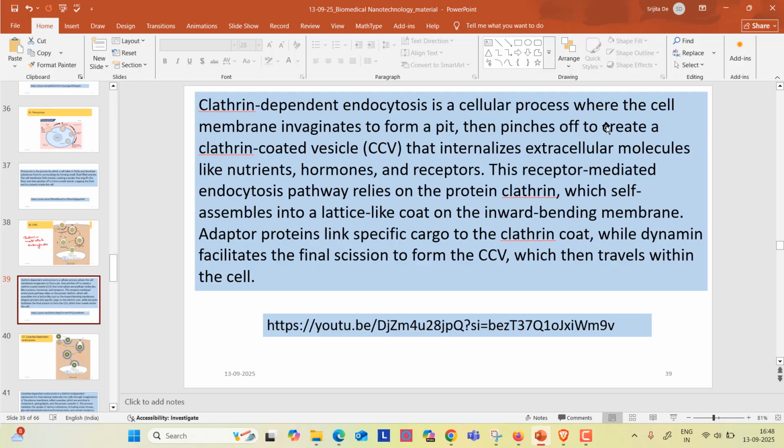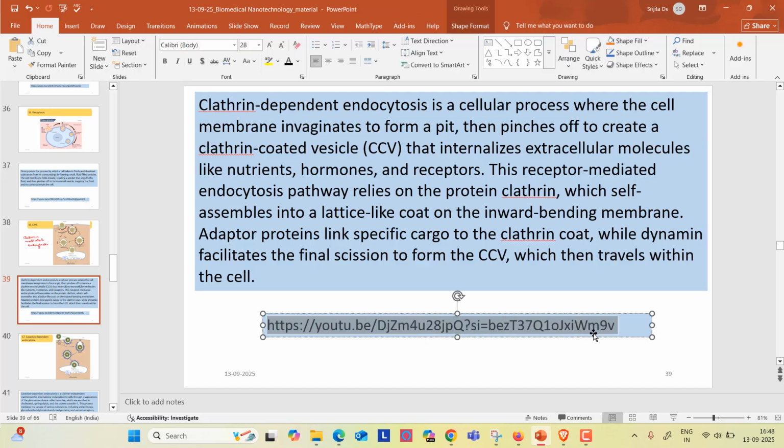Okay. Adaptor proteins link specific cargo to the clathrin coat, while dynamin facilitates the final scission to form the clathrin-coated vesicle, which then travels within the cell. I am showing this video because next comes caveolin-mediated endocytosis, so you will understand the difference between these two.